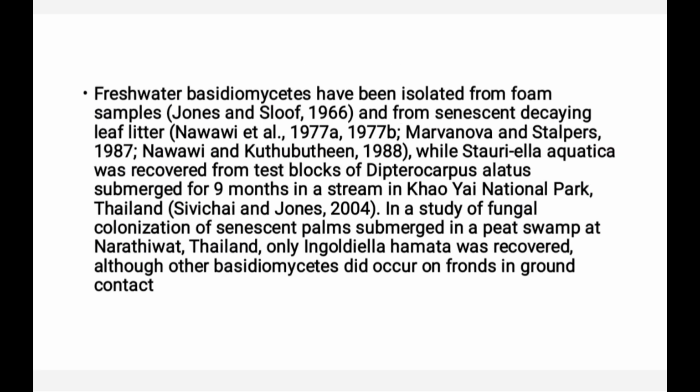Freshwater basidiomycetes have been isolated from foam samples, Johnson and Sloof 1966, and from senescent decaying leaf litter, Nawawi et al. 1977a, 1977b, Marvanova and Stalpers 1987, Nawawi and Kuthubutheen 1988, while Stalpersia aquatica was recovered from test blocks of Dipterocarpus alatus submerged for 9 months in a stream in Khao Yai National Park, Thailand.